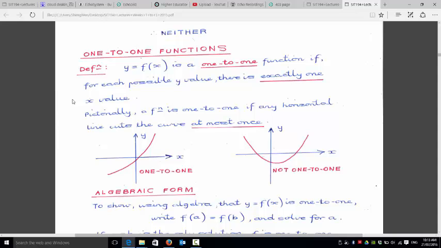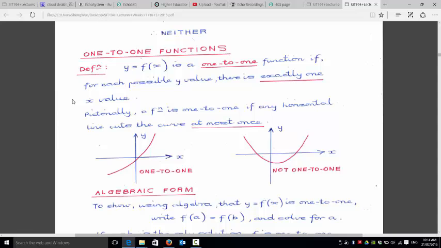So reversely, it may not be supported. For a one-to-one function, we restrict that this is a function, and then we also need to make sure that given a possible y we will have exactly one x value.